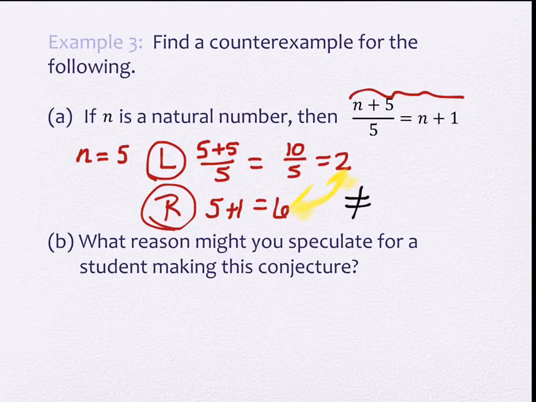So what reason do you think, if you saw a student do this, the student might have thought this made sense? What would they have possibly done to think that that would work? Any thoughts? They would think that 5 over 5 is equal to 1, so both ends are being added to 1. Yeah, and they usually do it in a very simple way. They usually do something like this.